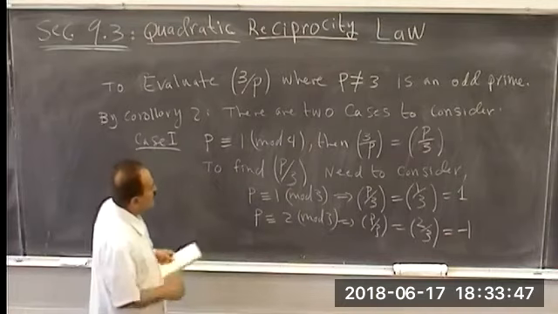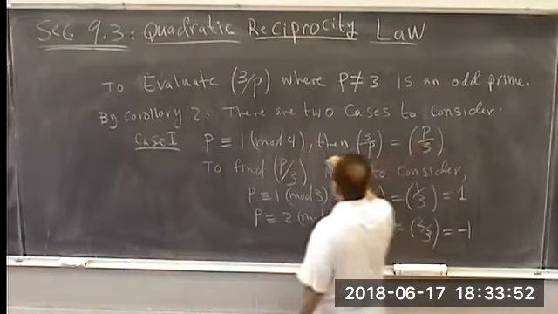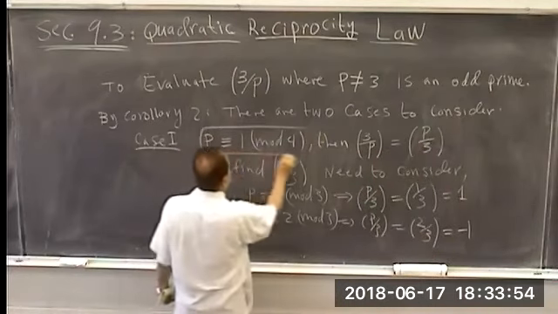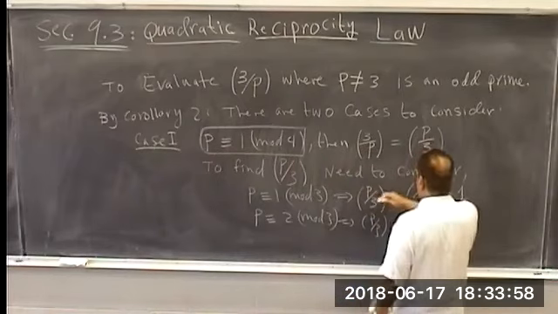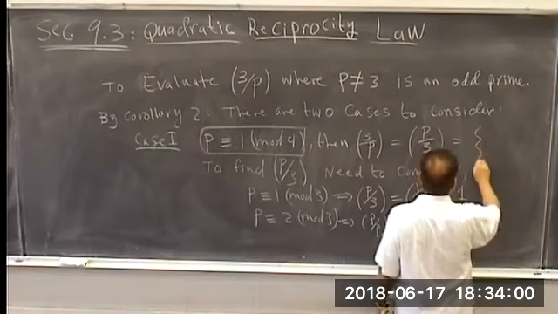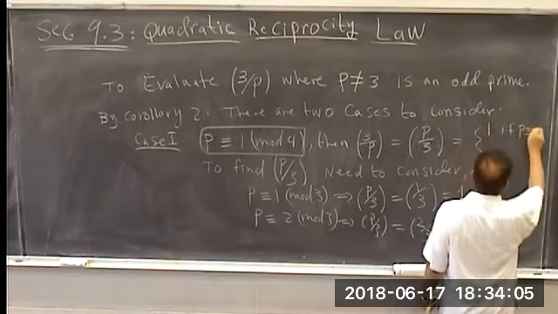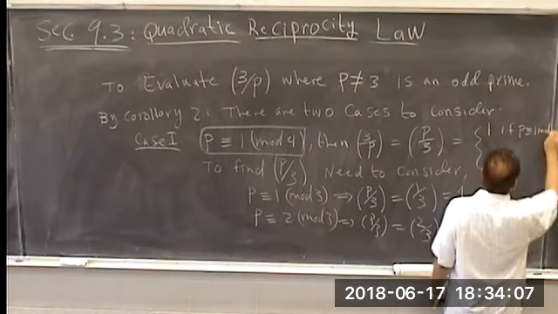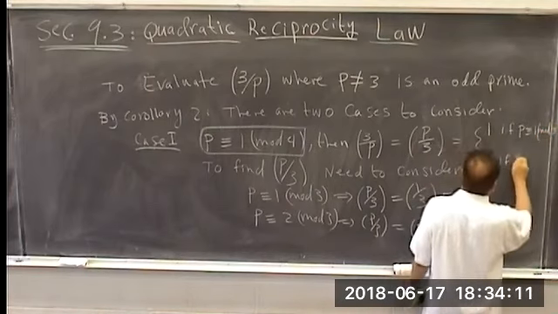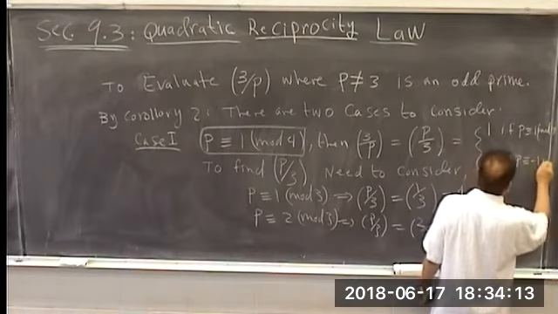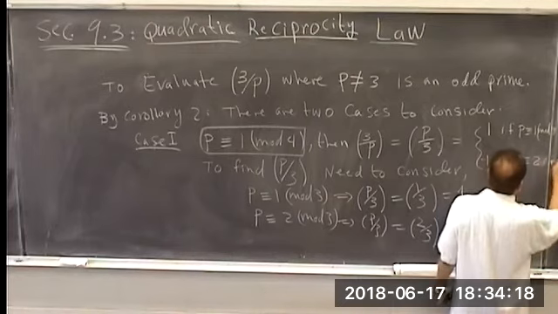Therefore, we can conclude out of this that we have either 1 or negative 1 for this. So this is equal to 1 if p is congruent to 1 mod 3, and we get negative 1 if p is congruent to 2 mod 3.